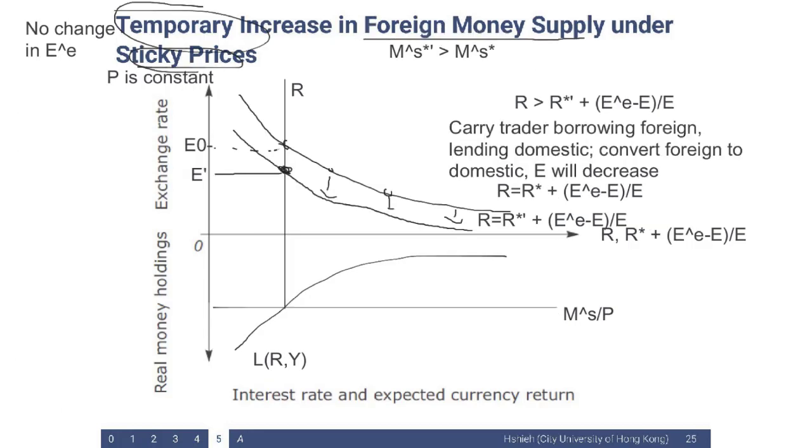So under this model, we don't necessarily have to only be restricted to analyzing open market operations conducted by the domestic central bank. We can also analyze what happens to the spot exchange rate by thinking about open market operations conducted by foreign central banks.